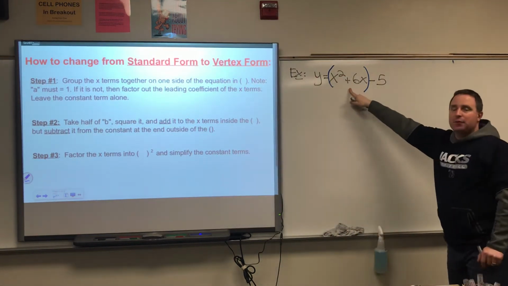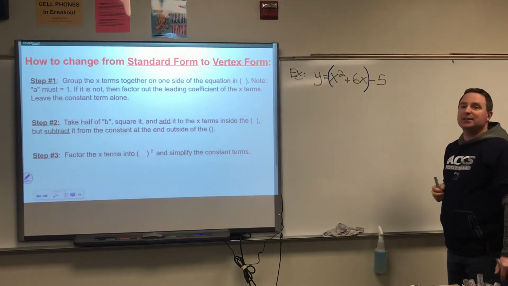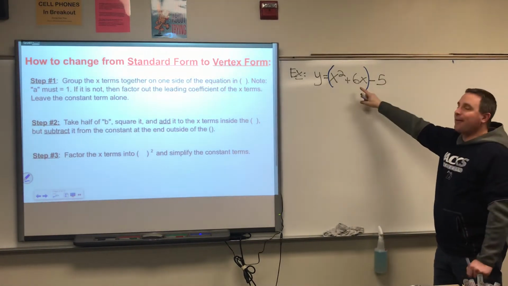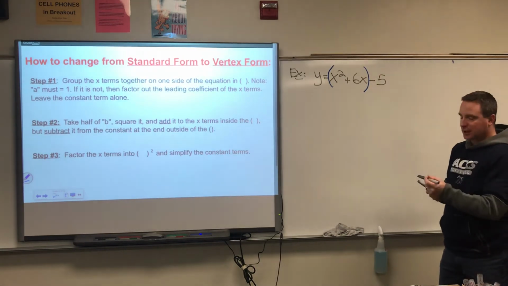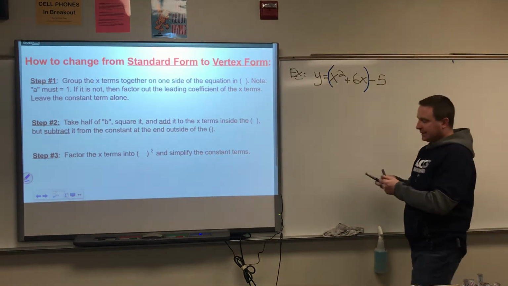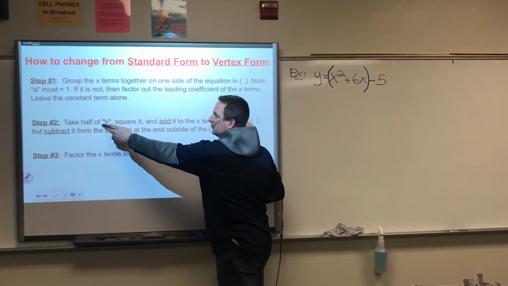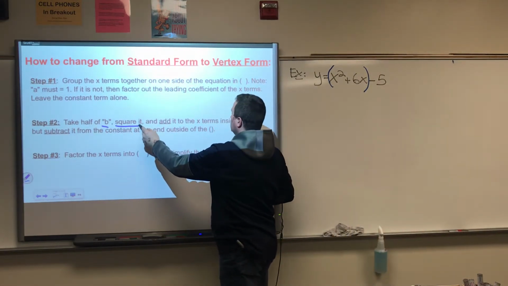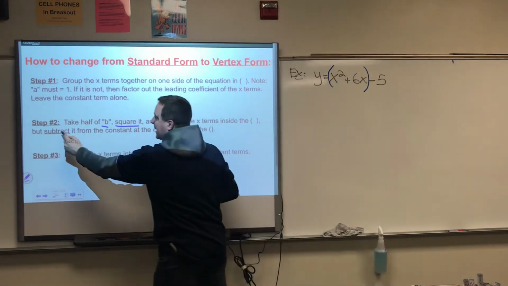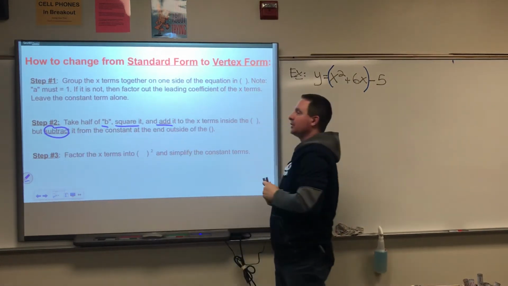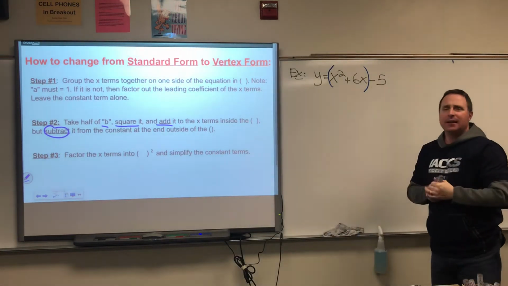If you remember from the previous lesson called completing the square, where we did half of b and we squared it and added it to both sides, this is going to be very, very similar. And that's what it's talking about in step number 2. It says to take half of b, square that number, and add it to the x terms inside the parentheses, and subtract it from the constant term outside of the parentheses. Now that kind of contradicts.